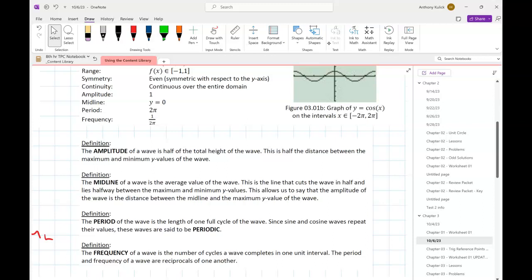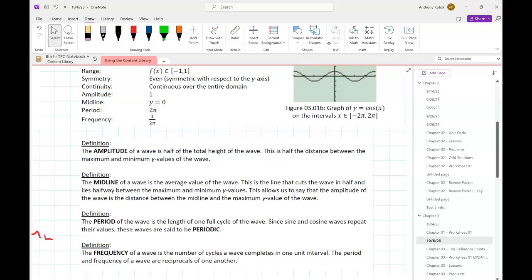The period is the length of one full cycle. And the frequency is the number of cycles completed in 1 unit interval. So frequency and period are definitionally reciprocals of each other. The frequency is always going to be 1 over the period. So far, so good? Okay.